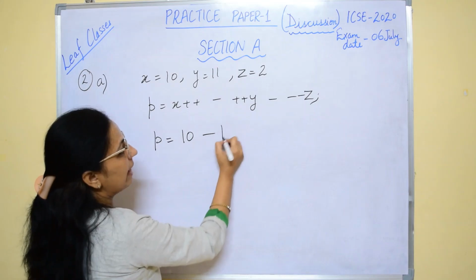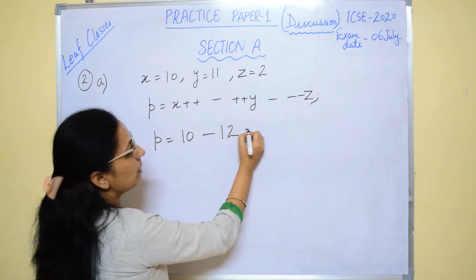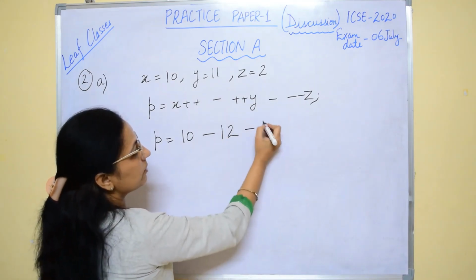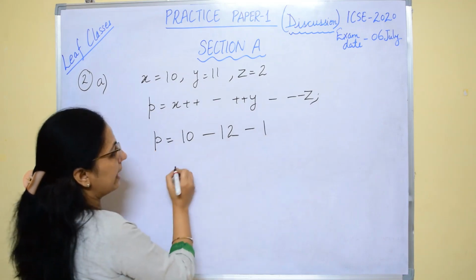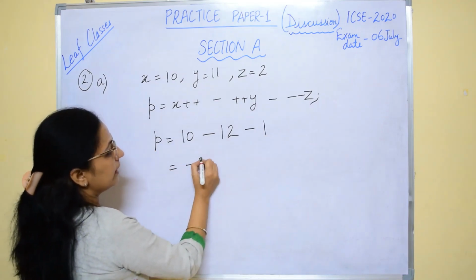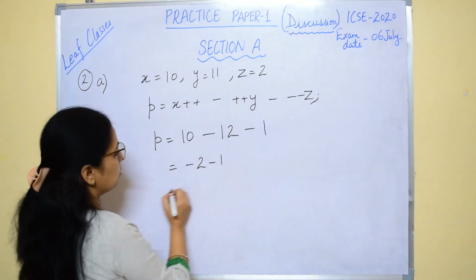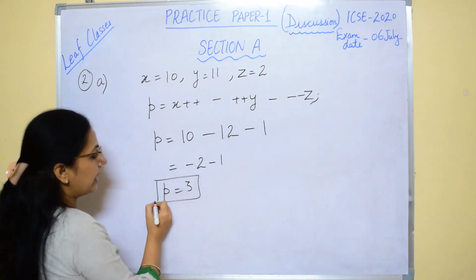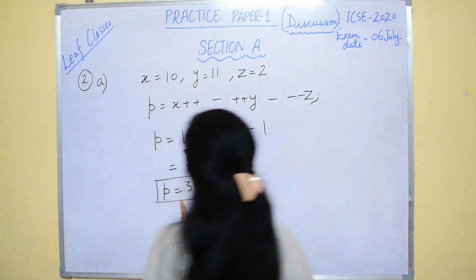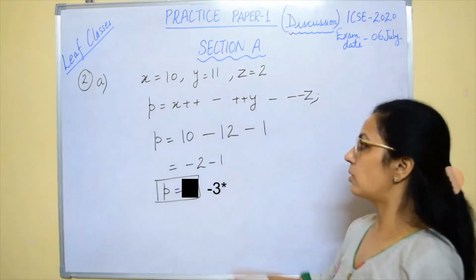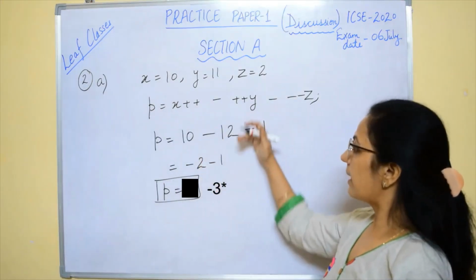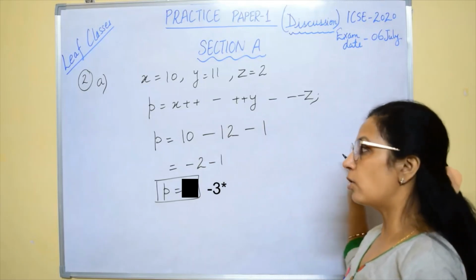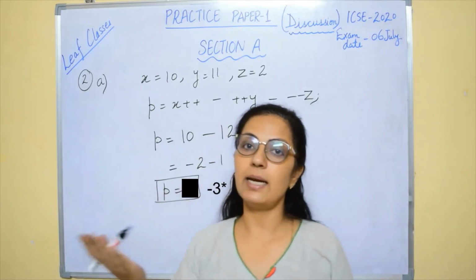For pre-increment, first the value will be changed and then it will be used. Pre-decrement, first the value will be changed and then it will be used. Then it will be -2, -1 and p equals 3. So we can write only the answer p equals 3, and this calculation part you can do by drawing a line on the right side.